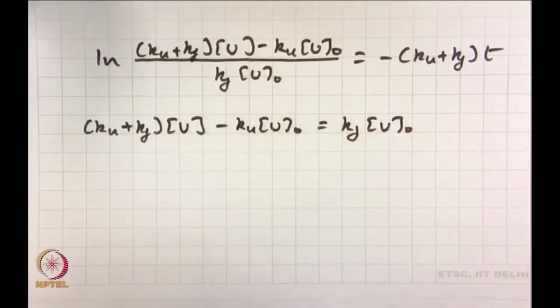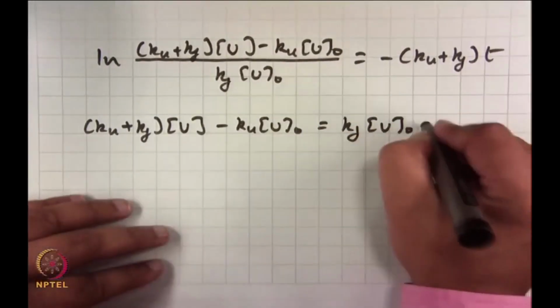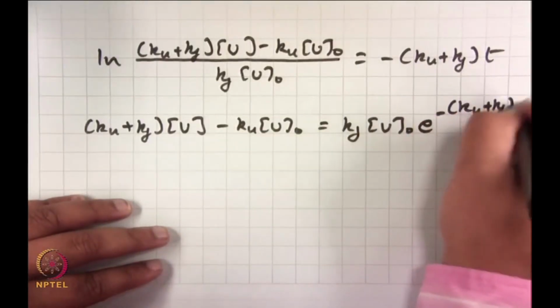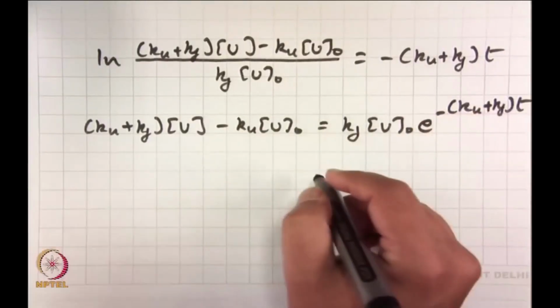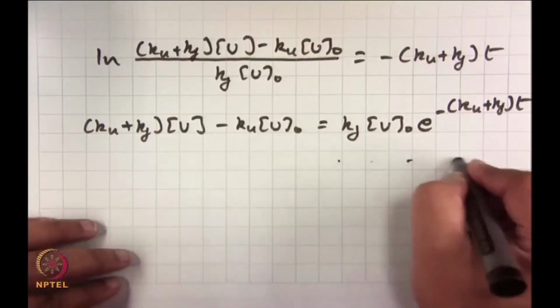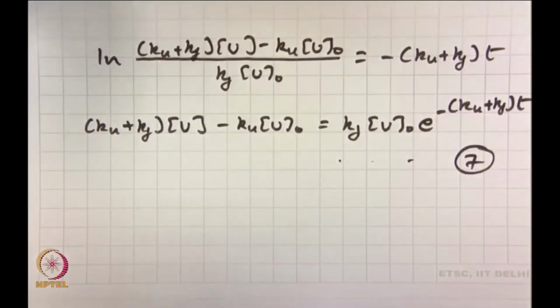Then what should I write? E to the power minus k u plus k f times t, and this would be which equation? Equation number 7. This would be equation number 7.